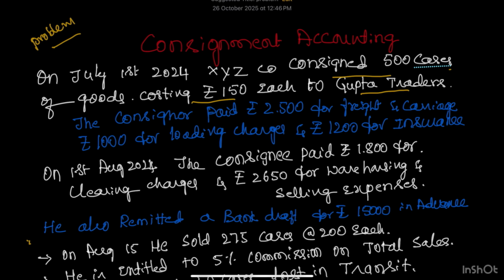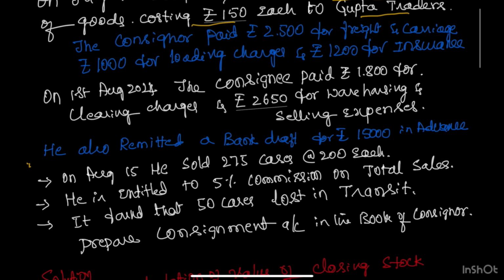And on 1st August 2024, the consignee, Gupta traders, paid 1,800 for clearing charges and 2,650 for warehousing and selling expenses. The consignee also remitted a bank draft of rupees 15,000 in advance to the consignor, XYZ company.